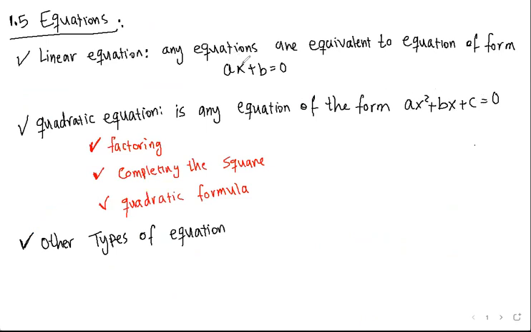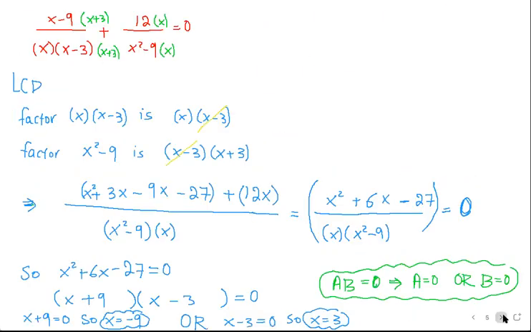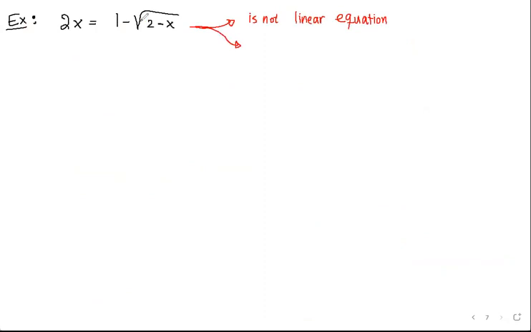If I have exponent equal to 1 only, this is linear. If we go back here, do we have an exponent equal to 2?